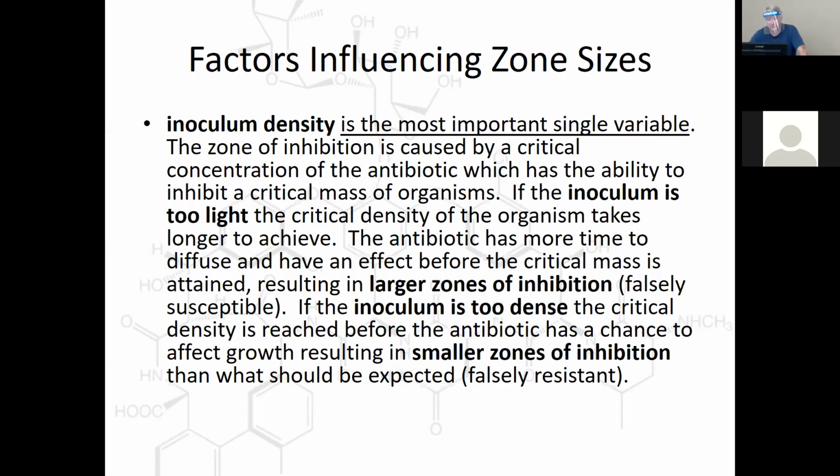The antibiotic has more time to diffuse and have an effect before the critical mass is attained, resulting in a larger zone of inhibition, falsely susceptible. Okay? So if you don't put enough organism on there, the antibiotic has a larger zone, so a false positive for susceptibility. The zone is too big because you didn't put enough inoculum on there.